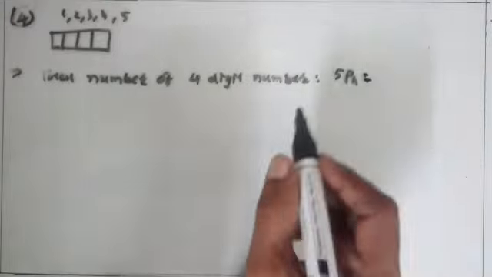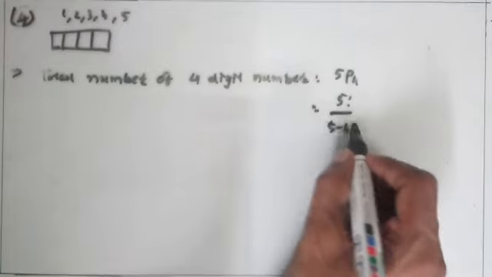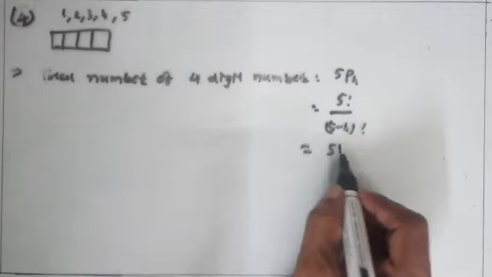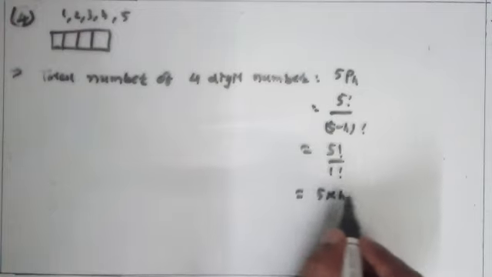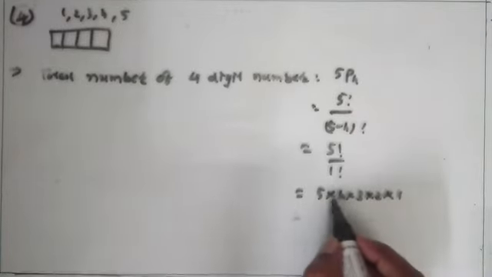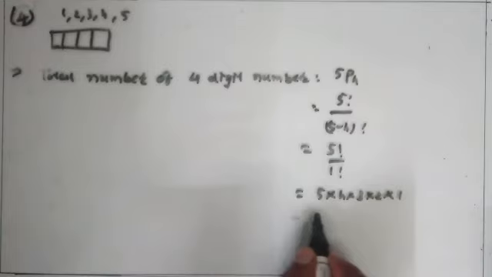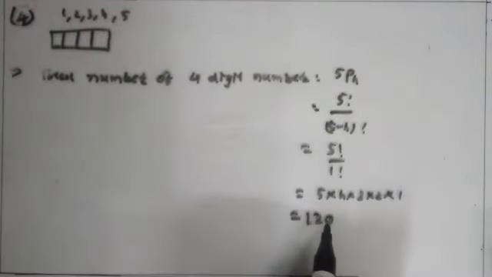So it is equal to 5 factorial upon 5 minus 4 factorial, which becomes 5 factorial upon 1 factorial. 5 factorial is 5 into 4 into 3 into 2 into 1. So it is equal to 5 into 4, 20, into 3 into 2, which becomes 120. So the 4 digit numbers using the given 5 digits is equal to 120.